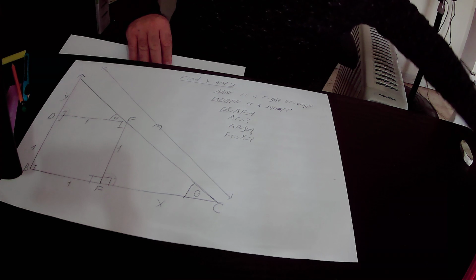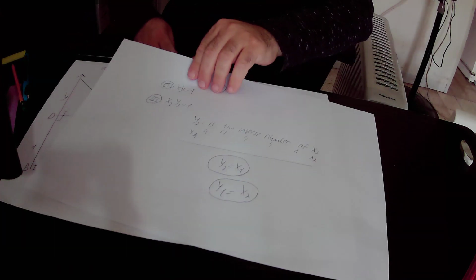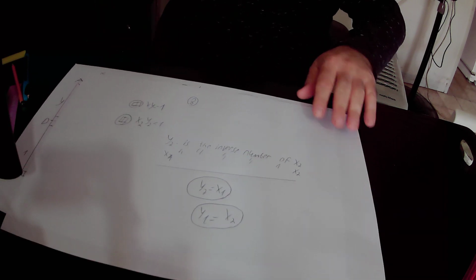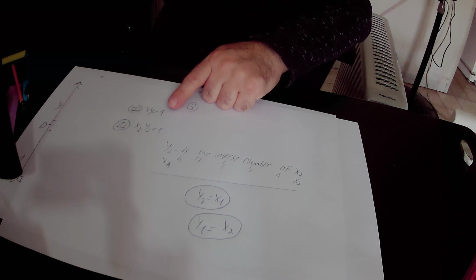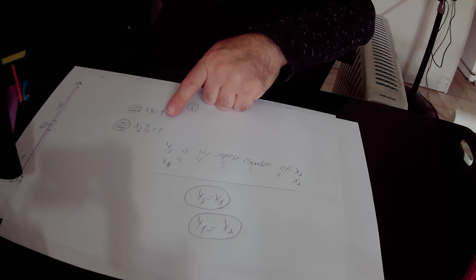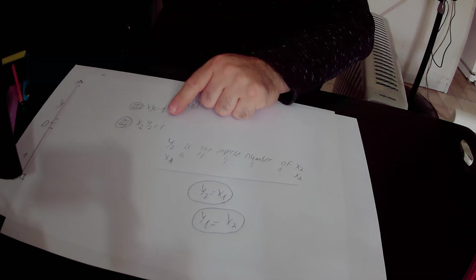Likewise, if we put the second solution inside equation number 3, the second solution for x is x2, and for y is y2, so x2 times y2 will be equal to 1.